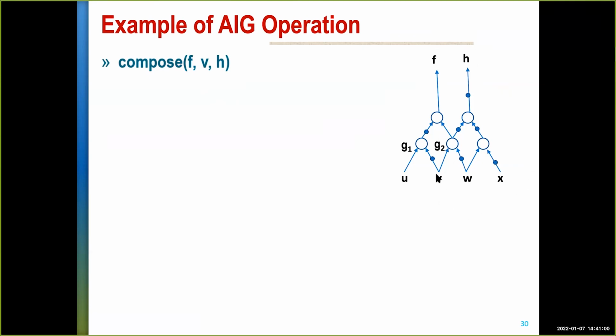So, while for normal circuits, if f and h did not share any variable, I can do this. It's as easy as that. Just take the output of h and feed it to the input of f. But of course, if this variable v is also feeding some other functions, then I still can't do it, because by replacing this with something else, those other functions would also get affected.